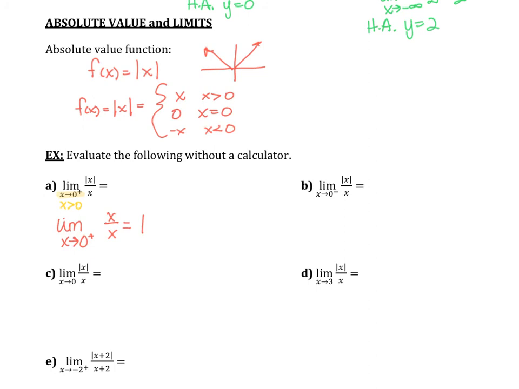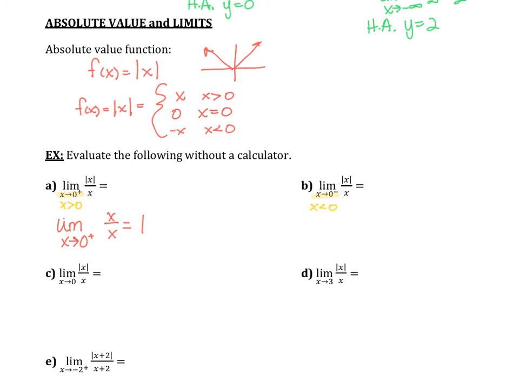Okay, try the next one. What do you think it is? Hit pause if you need to and then come back. Okay, once again, we're going to look at this idea of x approaching 0 from the left. What does that mean? Well, it means that x has to be less than 0, and if x is less than 0, I'm going to replace any absolute value with negative x.